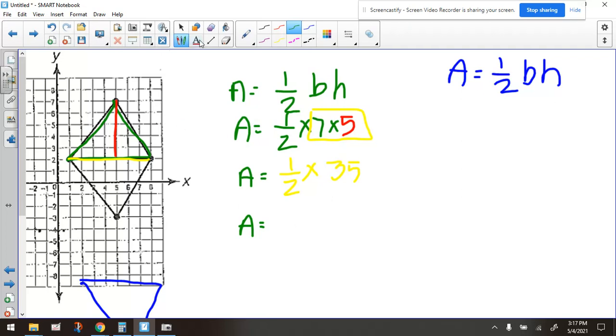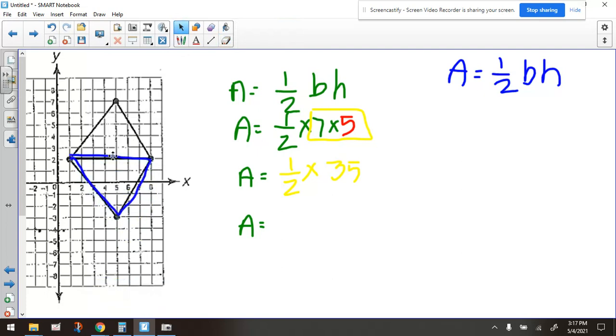And let's move on to the blue one, which is down here on the bottom. All right, so if we use this as the base, just because that's the only line that lines up perfectly with the grid lines, we already counted that for the green triangle, and it's the same line, so we know that that's going to be 7. Let's substitute it in.